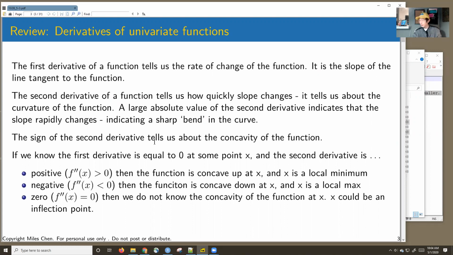we said that the second derivative of a univariate function gives you information about the curvature, how quickly the function slope changes, and whether it is positive or negative can tell you whether the point is a local min or a local max.